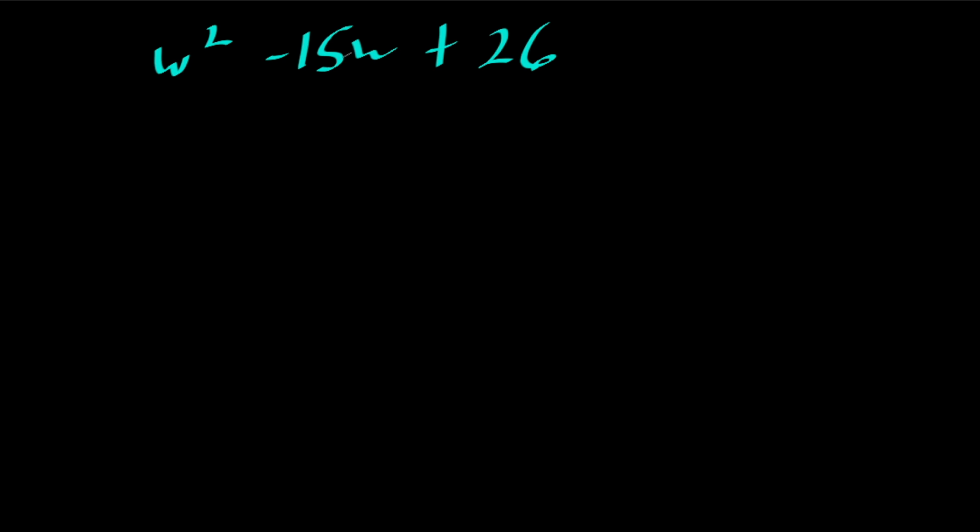W squared, W, and 26 doesn't have a W, so that's out the window. This coefficient is 1, so factoring out a GCF is out the window. Now, this is a setup, since it's 3 terms, for this trinomial factoring, the product sum factoring. Once again, we just want to double check that this lead coefficient for w squared is 1, and it is.